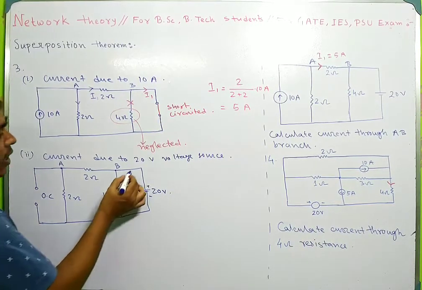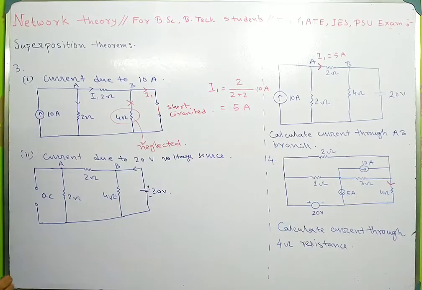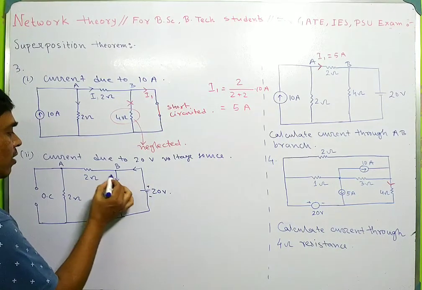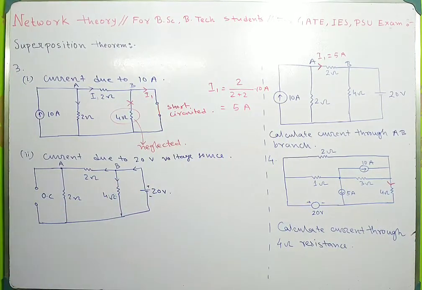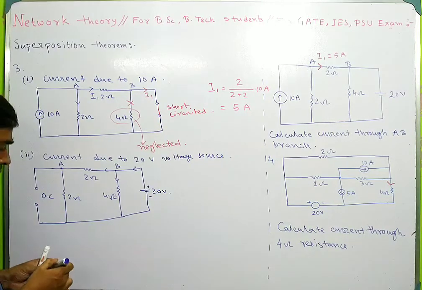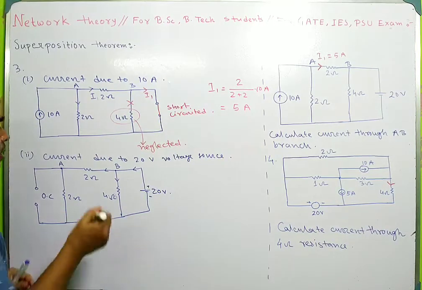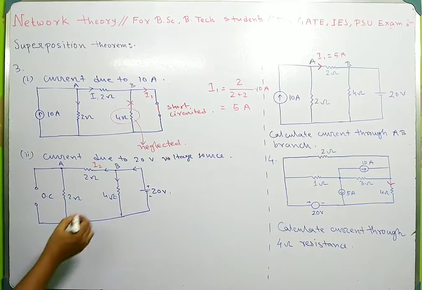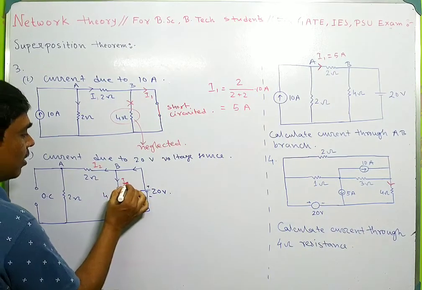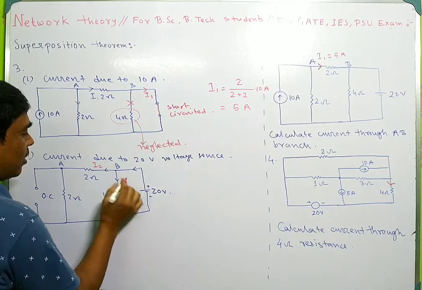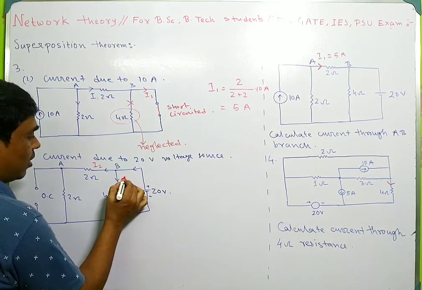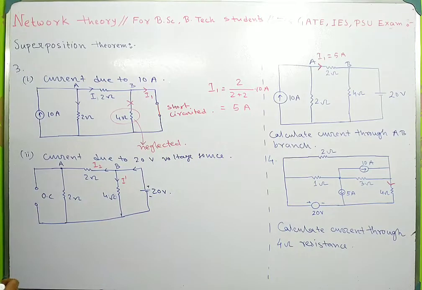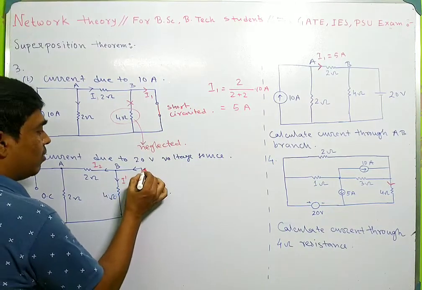The total current, suppose this is the total current, will pass through these two branches. Suppose this current is I2 and this current is I dash, and this current is I.